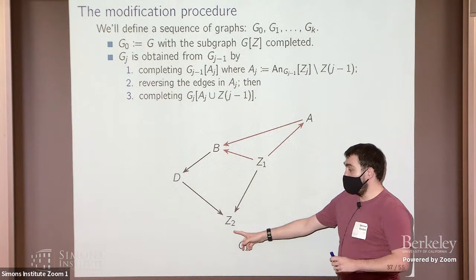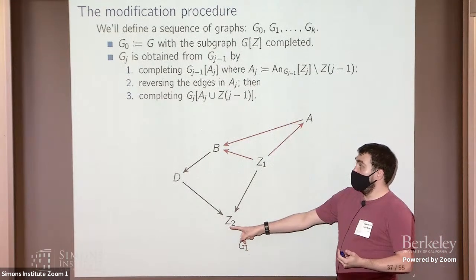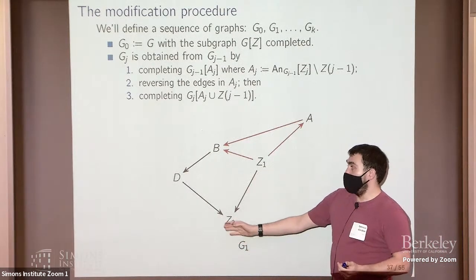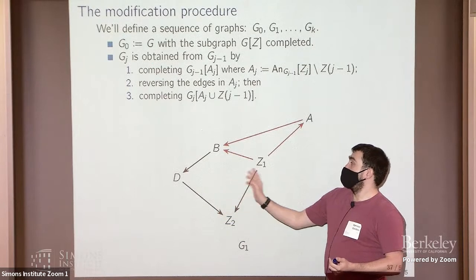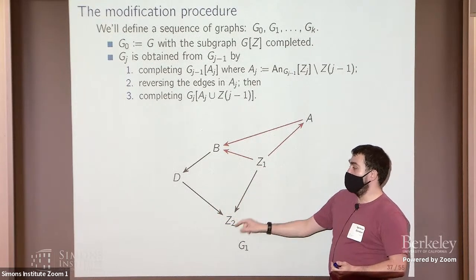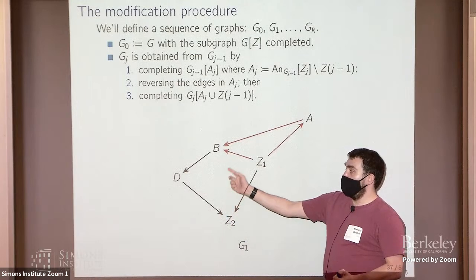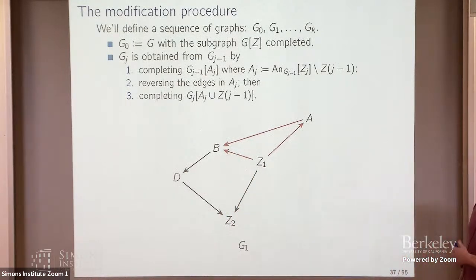So first we observe the set of ancestors of Z2, excluding Z1, is upwards closed. And we reversed all the edges from this ancestor set. So there are going to be no edges into the set of ancestors along with the Z vertices.